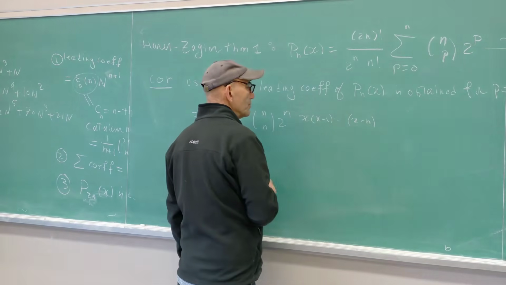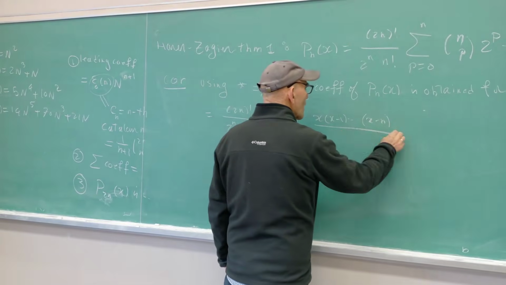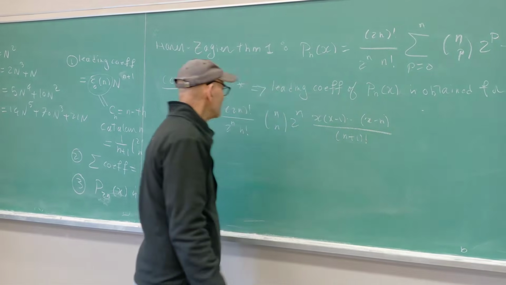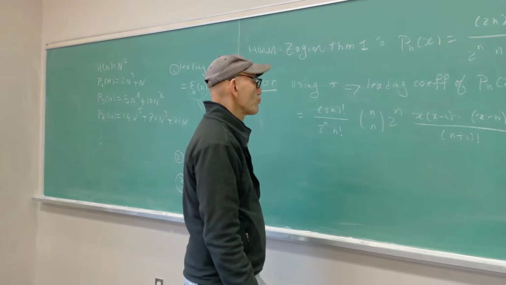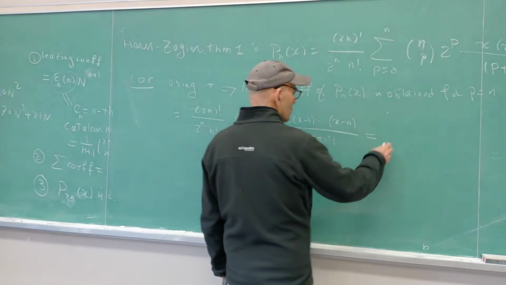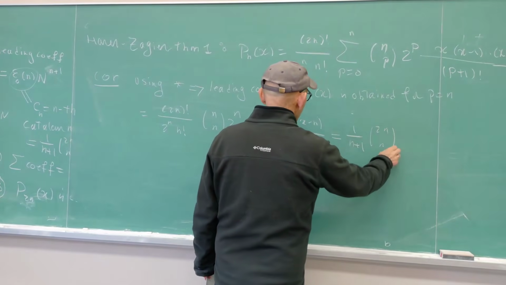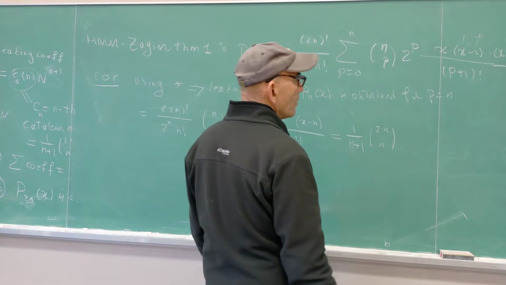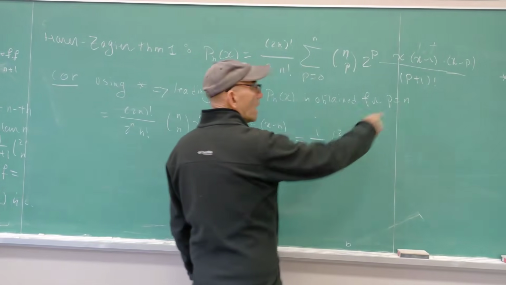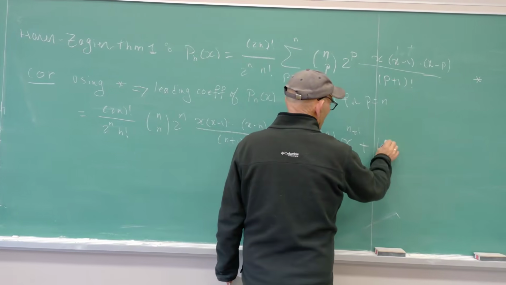I should say the leading coefficient appears in x^{n+1}, which is equal to 1 over n plus 1 times 2n choose n, times x to the power n plus 1, plus lower order terms.